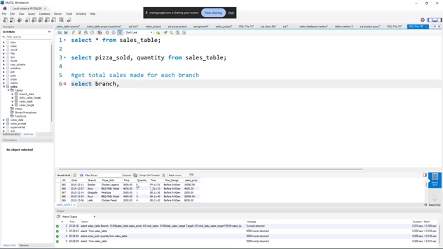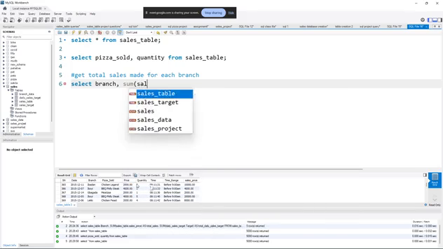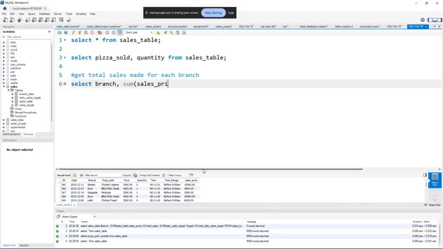So I will need to sum the sales price column, right? Sum of the sales price, this sales price column here. I need to sum everything together. Then I'll close it.